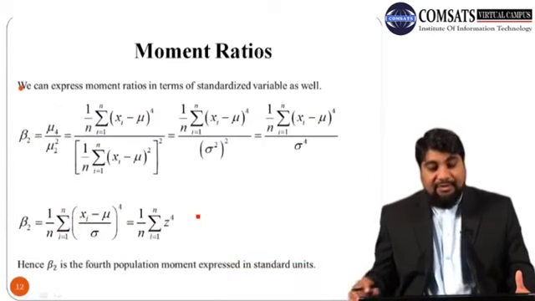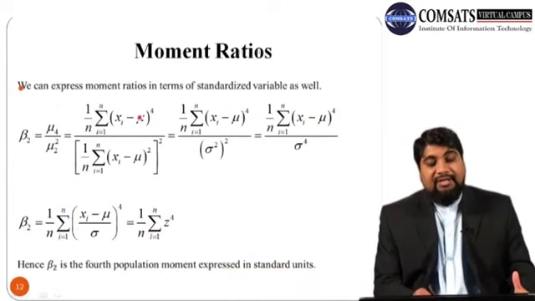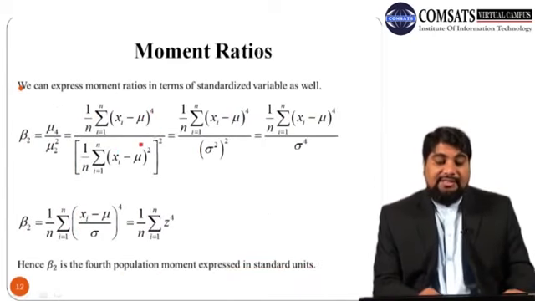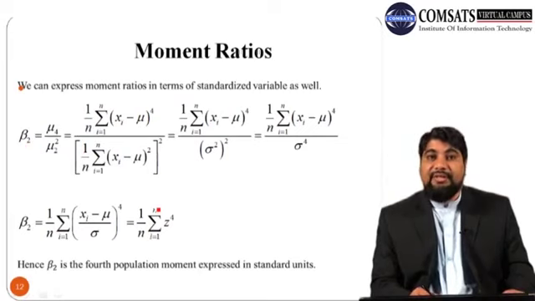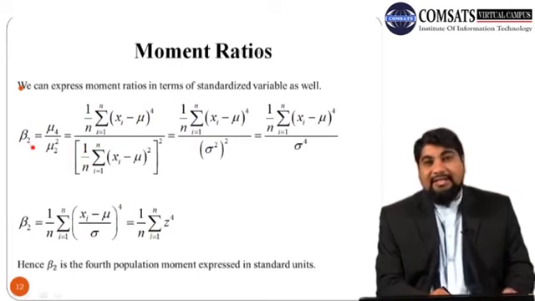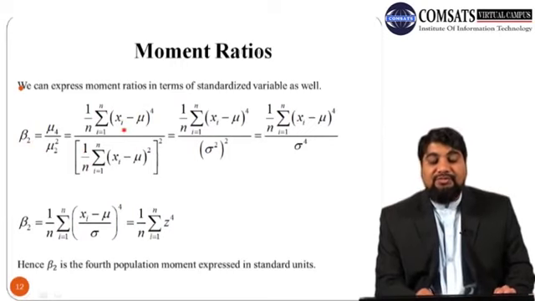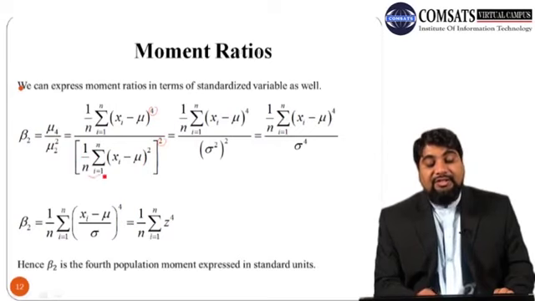So similarly, we can express the second moment ratio in terms of the standardized variable as well. So note that the second moment ratio is mu4 over mu2 square. So mu4 is the fourth population moment, and here we have the second population moment and whole square. And again this expression is the variance, sigma square whole square.